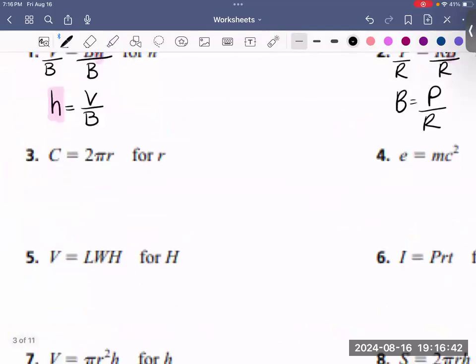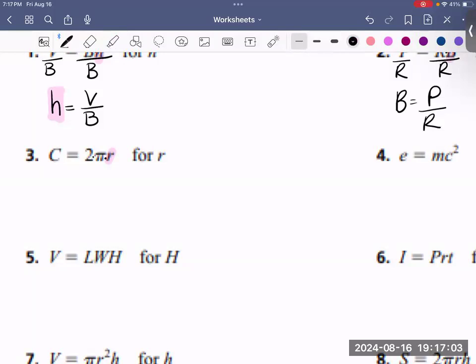All right. Now let's try it again with whenever you have multiple variables or multiple items that are being multiplied. So you'll again see here r is being multiplied by 2 pi. And this 2 is being multiplied by the pi and the r.